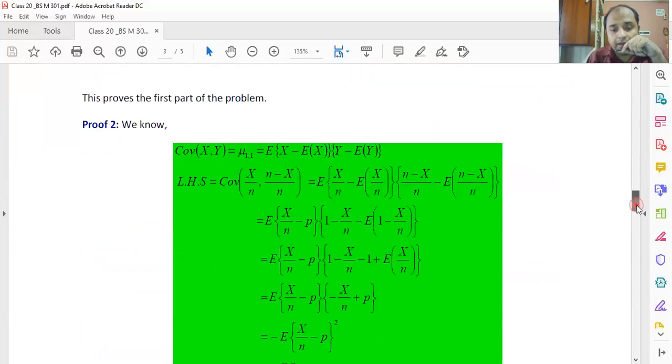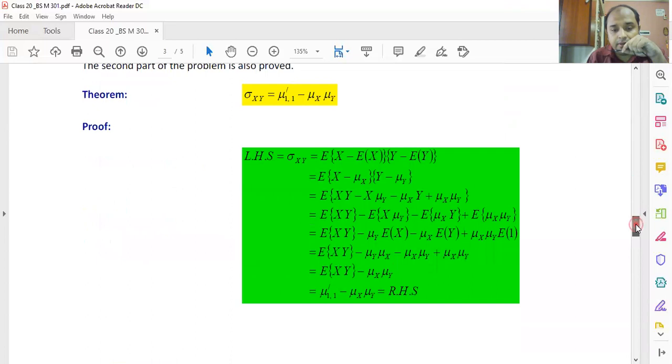Here, in place of E of xy, we have written mu 1,1 prime minus mu x into mu y. So we have seen that the special case of the product moment about mean has been expressed as a special case of the product moment about the origin when r equals 1 and s equals 1. This is a very useful result, and we are going to use this as a tool to solve problems.